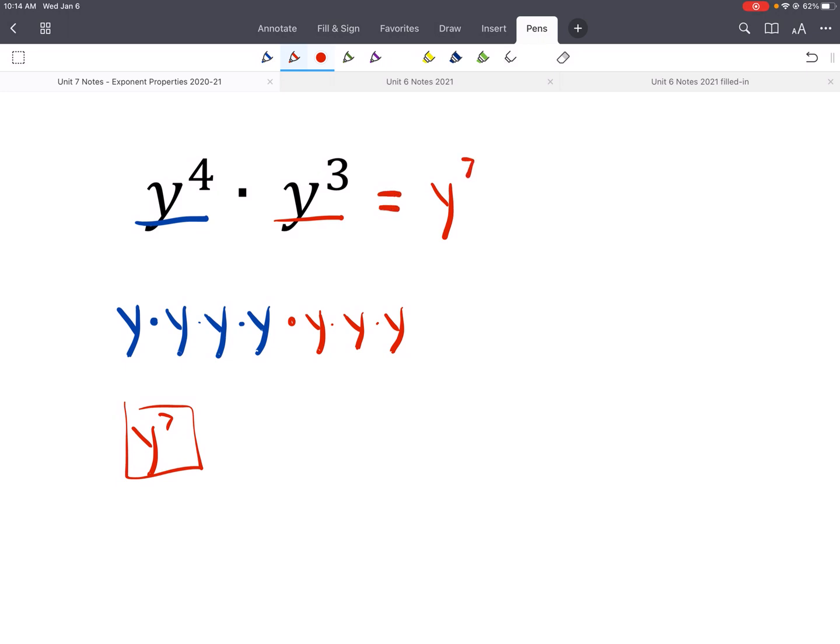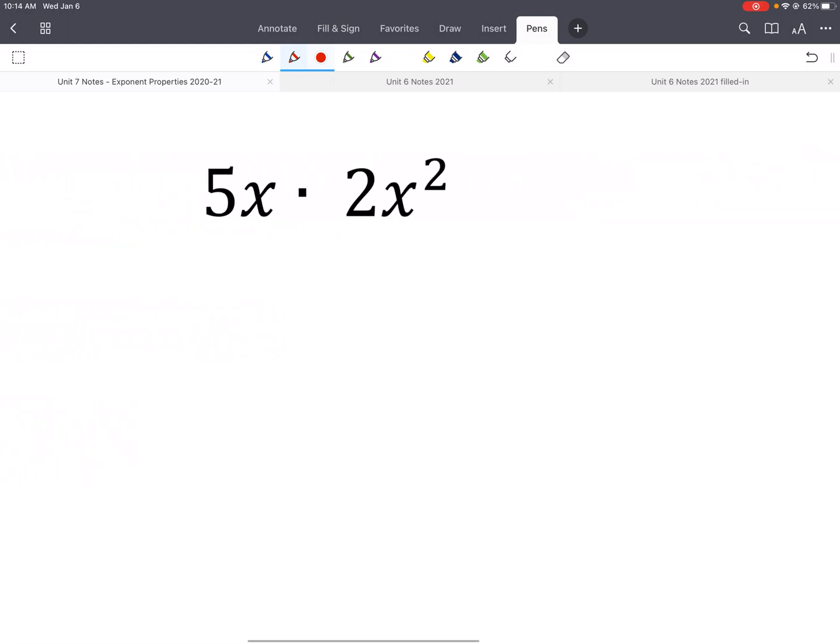All right. So maybe perhaps you already came up with some sort of idea of what happens to the exponents when we multiply like bases. Let's try another one. Okay, so when we're multiplying expressions, we multiply the coefficients just as normal. So we have 5 times 2, well, that gives you 10. So we have that out in the front.